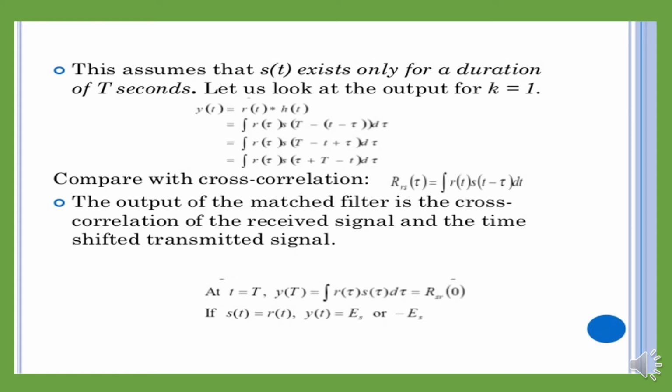Compare with the cross correlation. The cross correlation is Rrs(tau) equal to the integral of r(t) s(t minus tau) dt. The output of the matched filter is the cross correlation of the received signal and the time shifted transmitted signal.